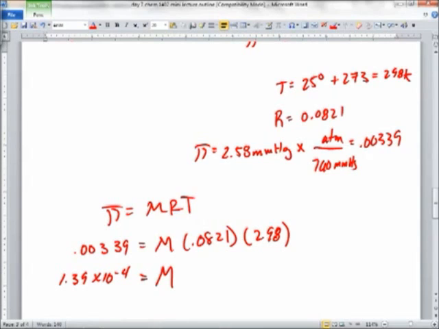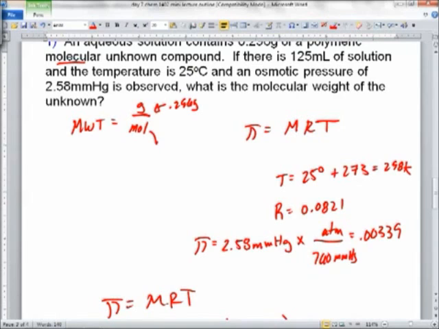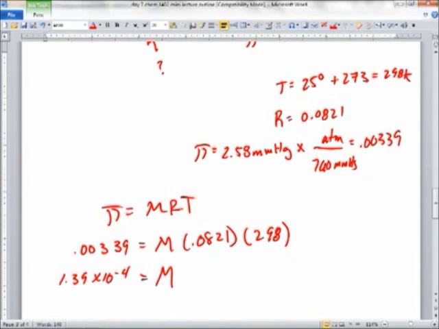We plugged in what we knew, and we got this big M. What we're after are these moles. We're still after the moles. Then we can plug it in and get molar mass. Do you see what to do? What was big M?